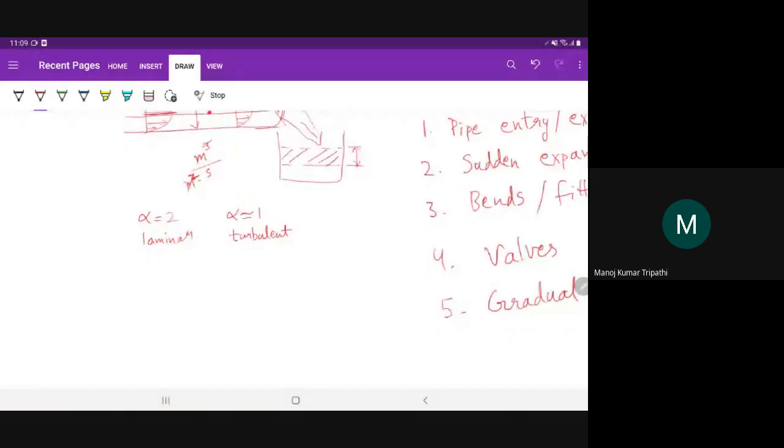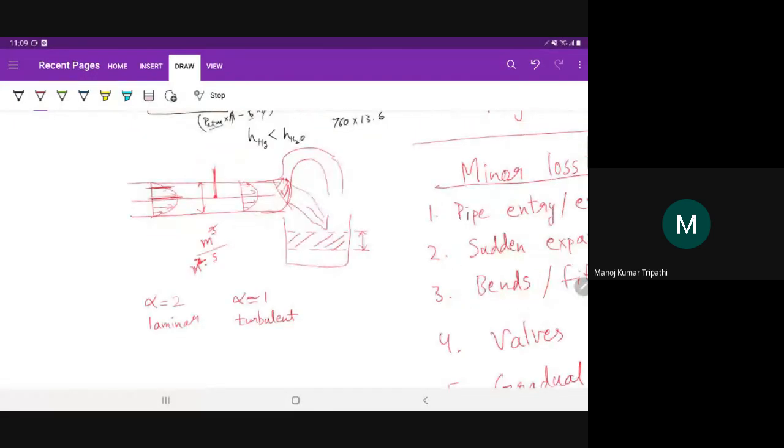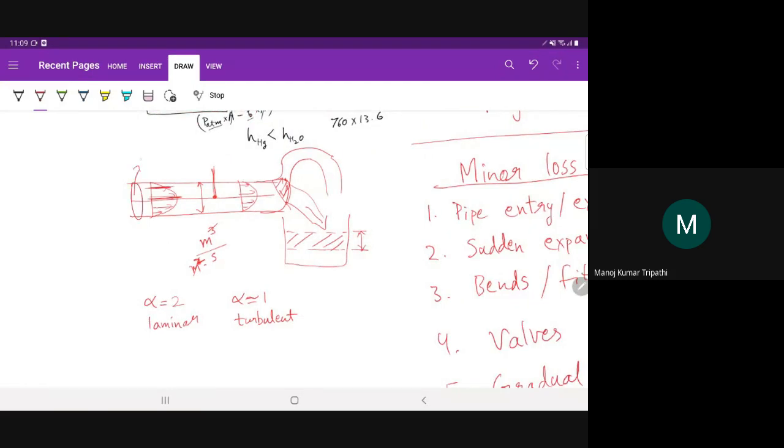And how to derive this? We can just use the energy conservation between 2 points 1 and 2. Let's say this is cross sectional area 1 and this is cross sectional area 2.